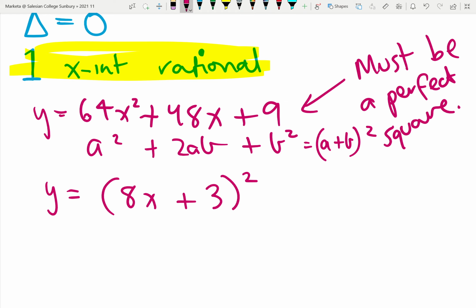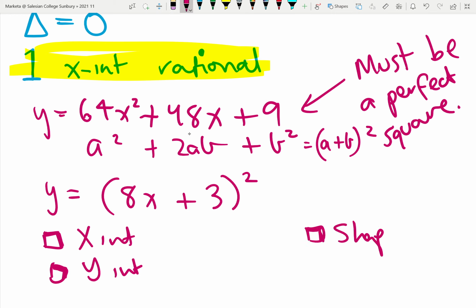So let's make our little list of features. X-intercept, only one, y-intercept, shape, and the special feature for this type of graph, the turning point. So, well, I can see that the shape of it, it's a positive, so that means the shape is going to be a smile.